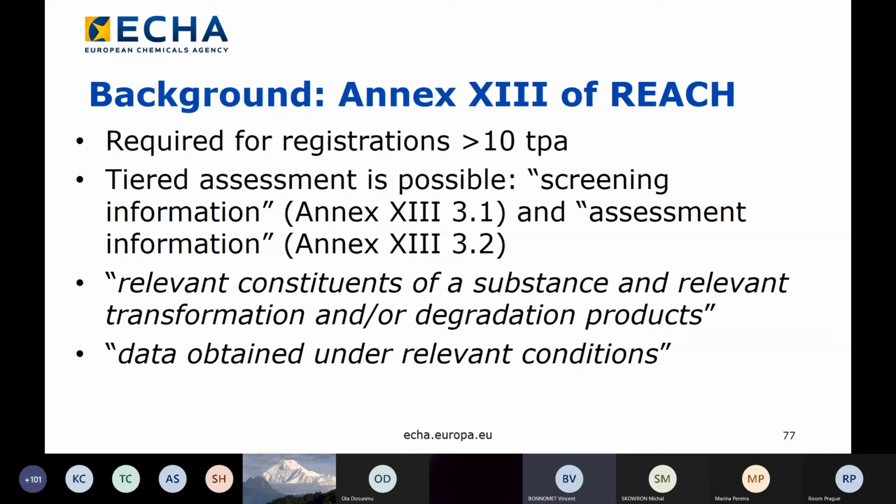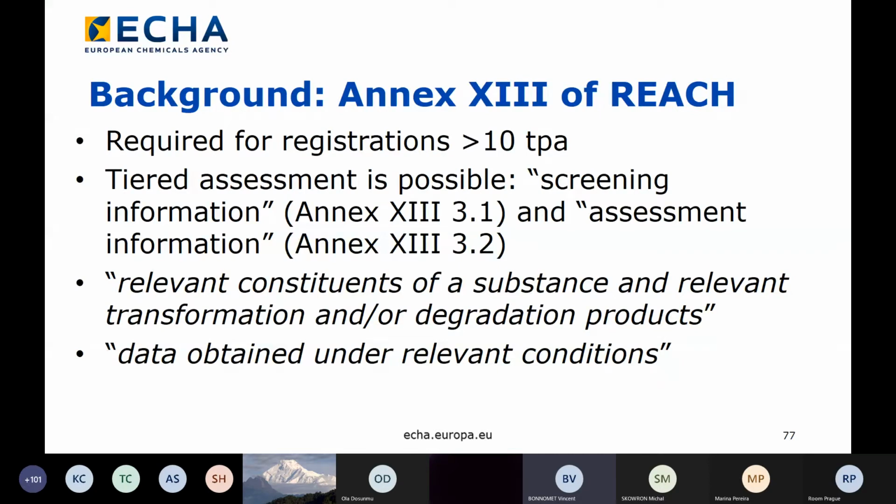Another thing that Annex 13 is saying is that a tiered assessment is possible. Annex 13 makes a clear distinction between screening information and assessment information, and I will develop this a bit more later on. The two other points I would like to discuss today are, first, what is the scope of the PBT assessment.